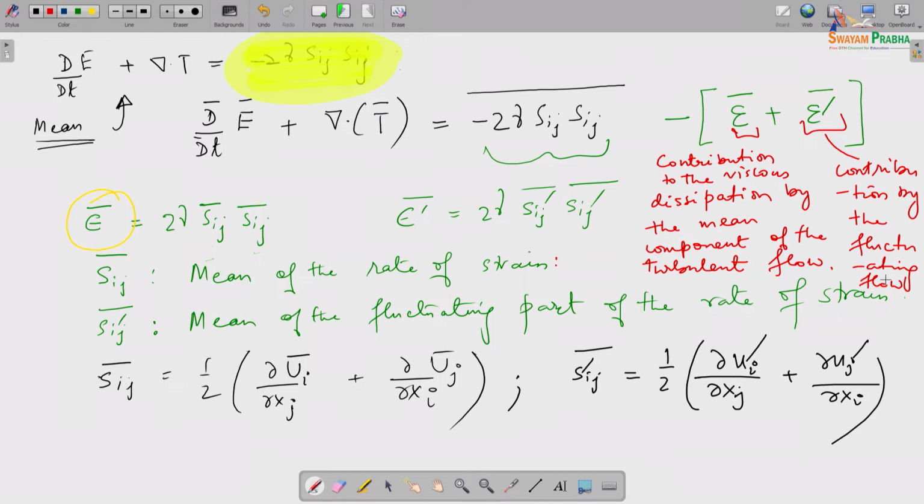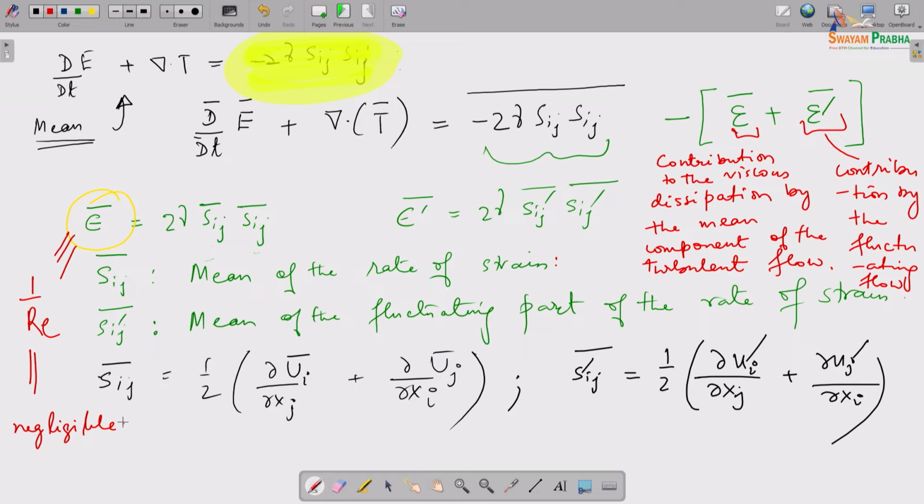And it has been found that this depends on the inverse of Reynolds number, and if you have high Reynolds number, then this is something which can be negligible, right? So we can omit that.